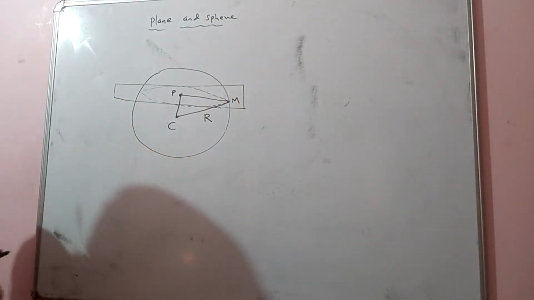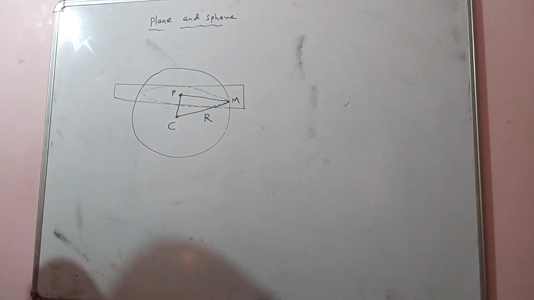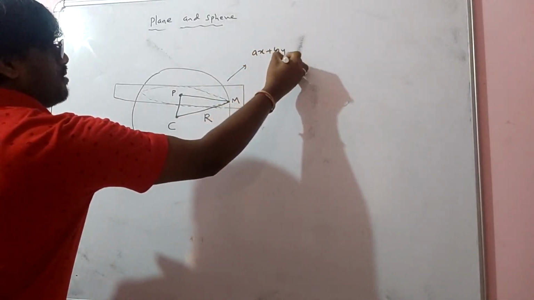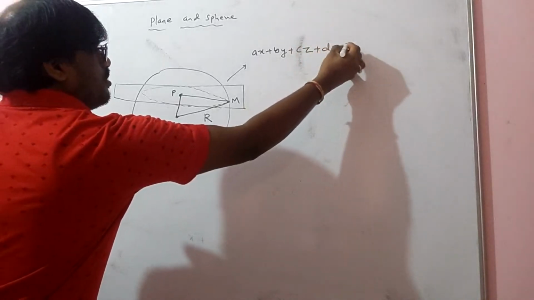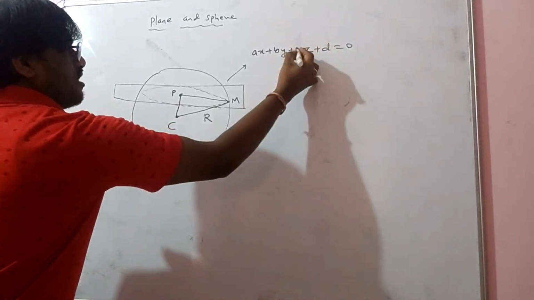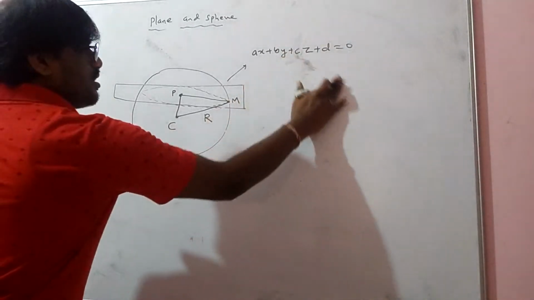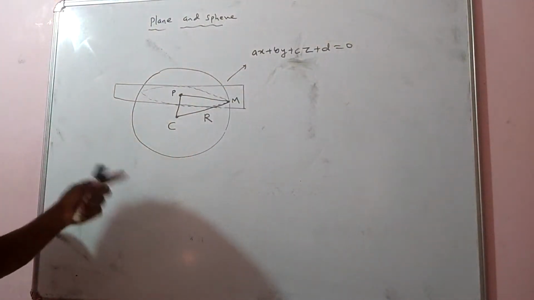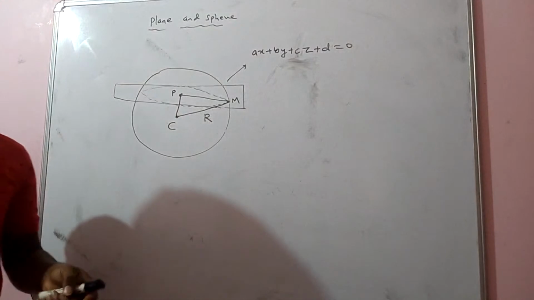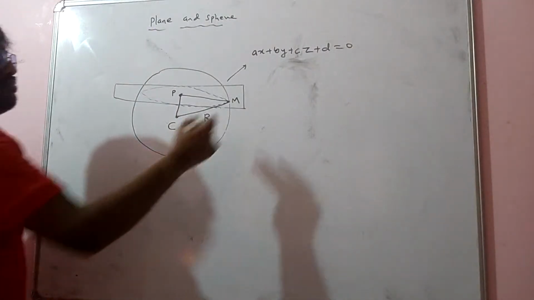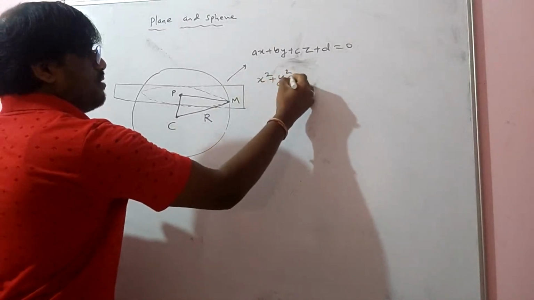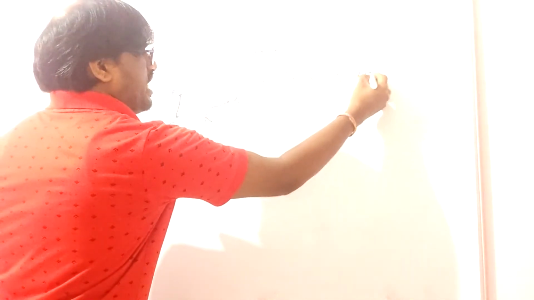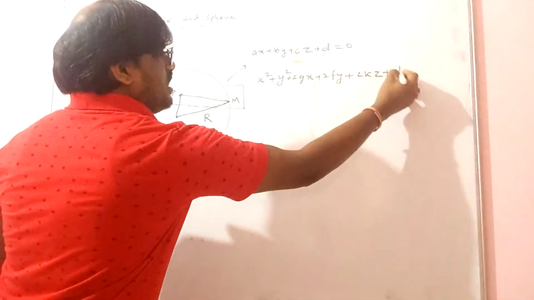They will give you the plane equation, which is ax plus by plus cz plus d is equal to 0. And then they will give you the sphere equation, which is x square plus y square plus z square plus 2gx plus 2fy plus 2kz plus d is equal to 0.